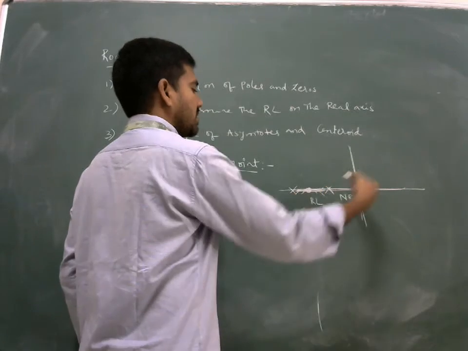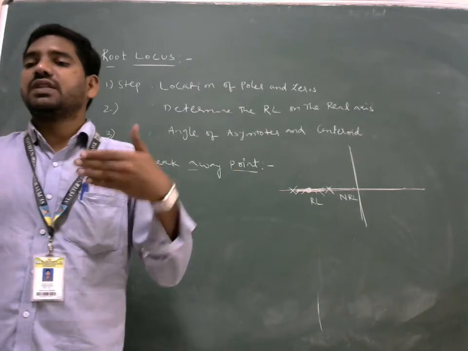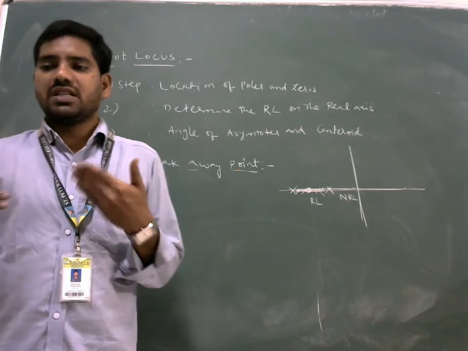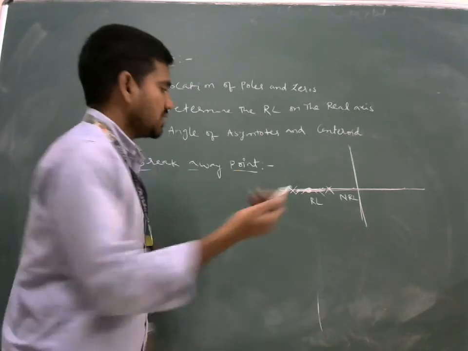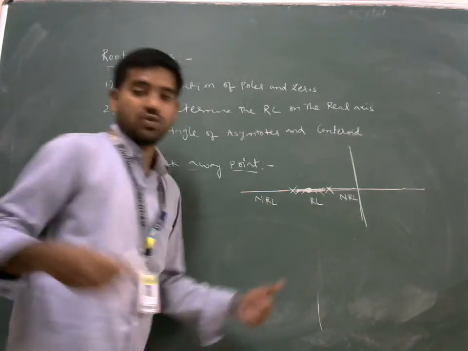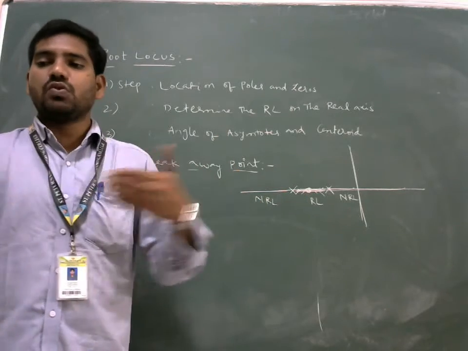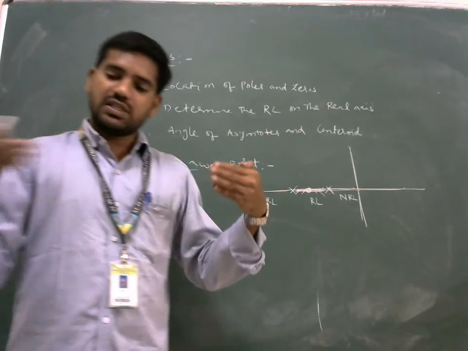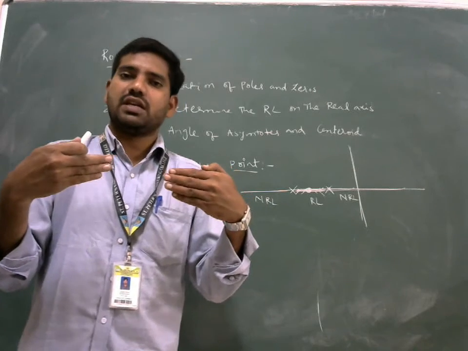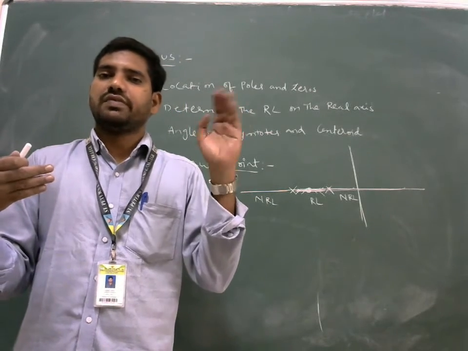Then this pole and that pole both will collide with each other. Why? Because if we go on this side there is no root locus path, and if you come to this side there is also no root locus path. The path is present only between the two poles, so one pole comes to meet its friend at a zero. If there is no zero it will go to infinity, that is a different story.